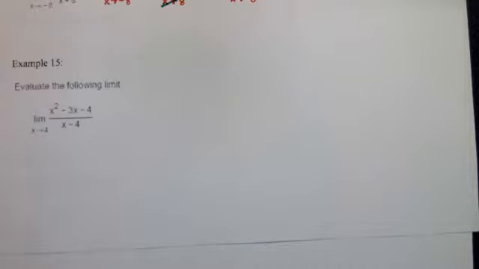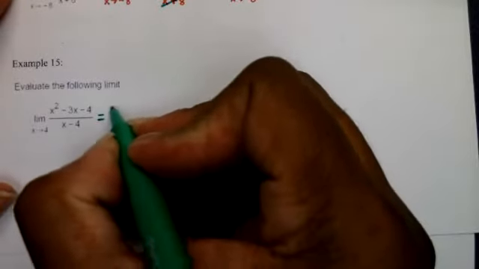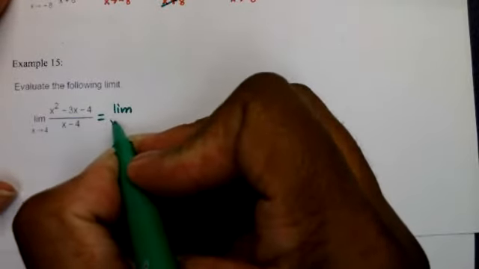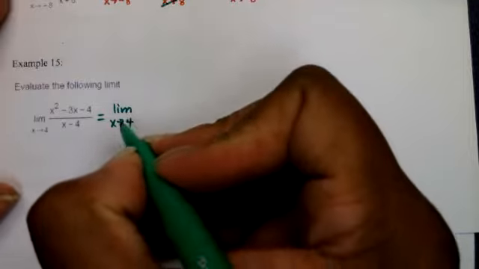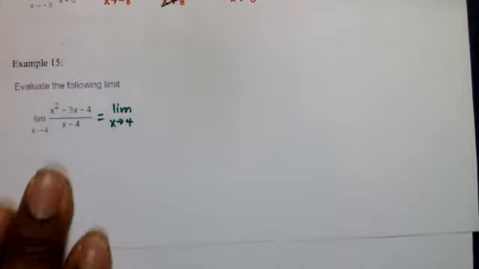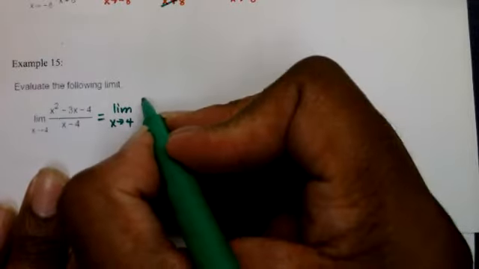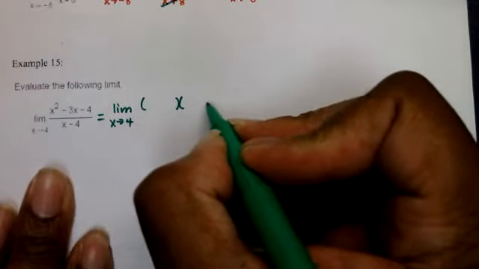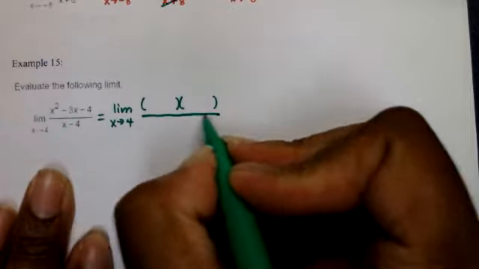So I know I'm going to need to try to factor this and divide out the common factors. So, the limit as x approaches 4 of x squared minus 3x minus 4.